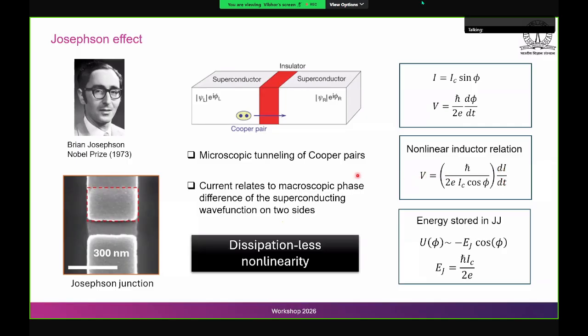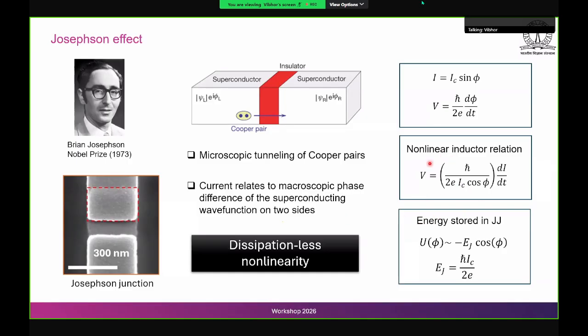But this is a special inductor. Here, the inductance value depends on cosine phi. And cosine phi depends on I, the injected current. So we have an inductor where the inductance value depends on the amount of current passing through it. That's why it's a nonlinear-in-current inductor. And this is going to be an important point in understanding the transmon qubit later.